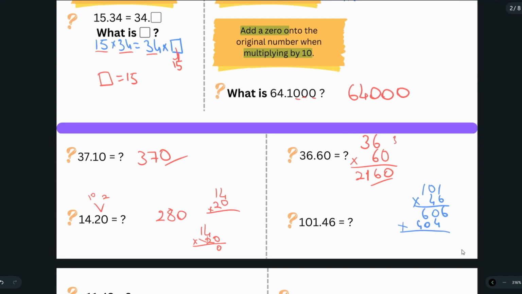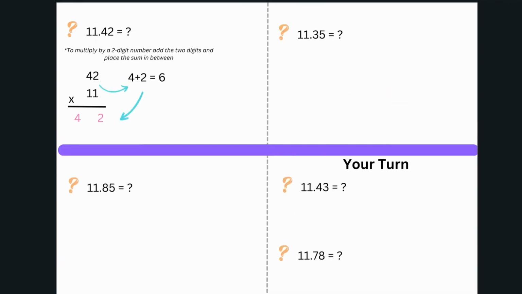And now you just add them up. 6, 4 plus 0 is 4, 6 plus 0 is 6, and 4. It's 4,646.